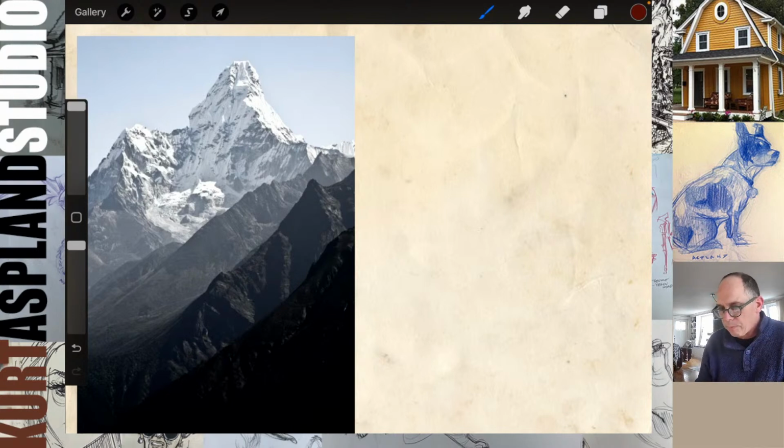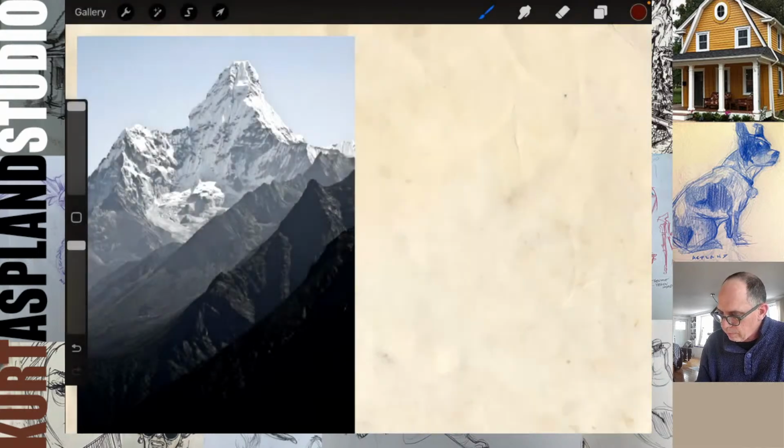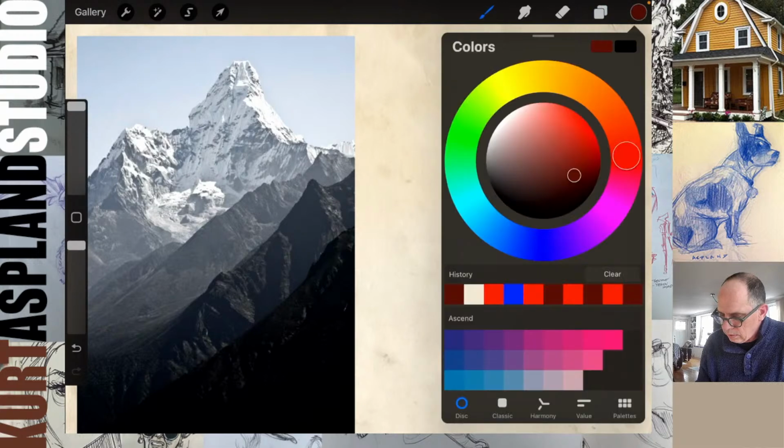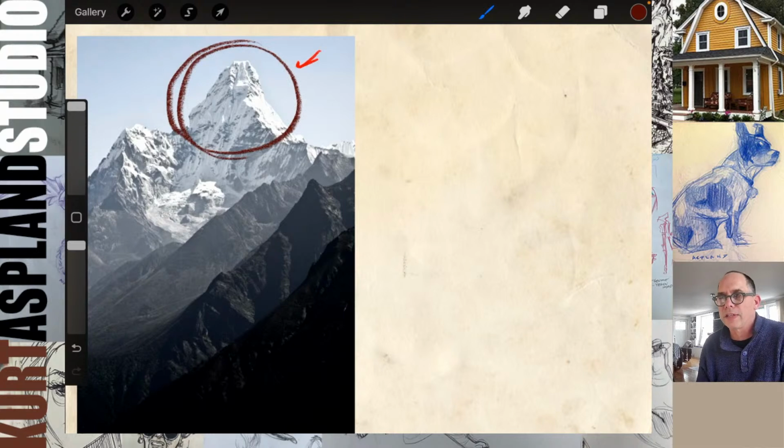So first thing what I would like to do, all good now, is start off with this peak up here, okay? Let's start with the outer outline of this thing. I'm just going to be focusing this drawing on this area here.